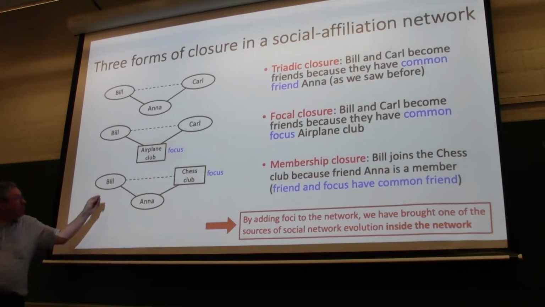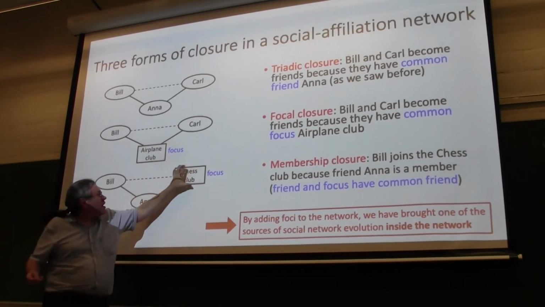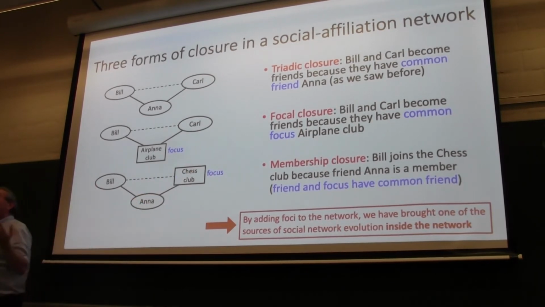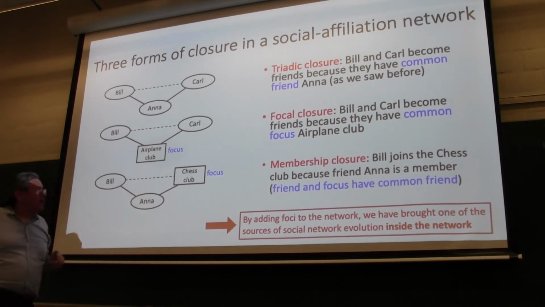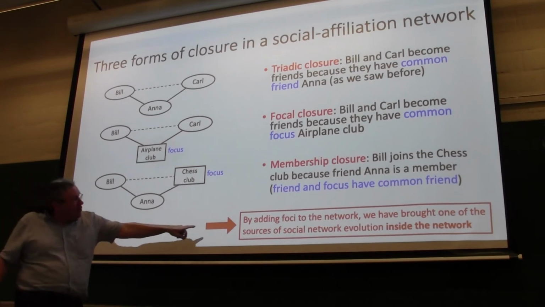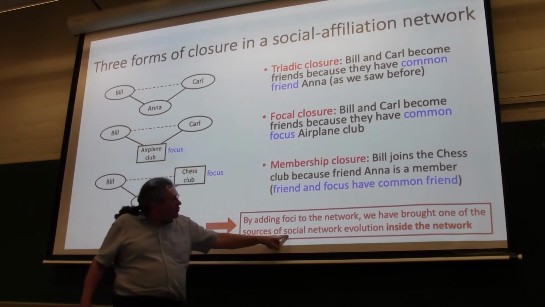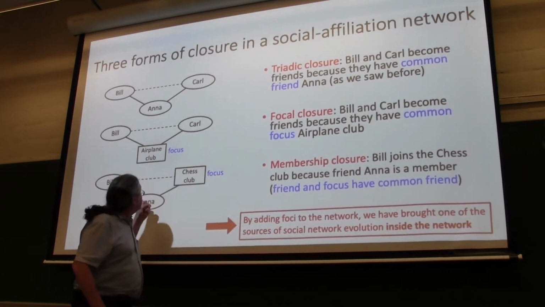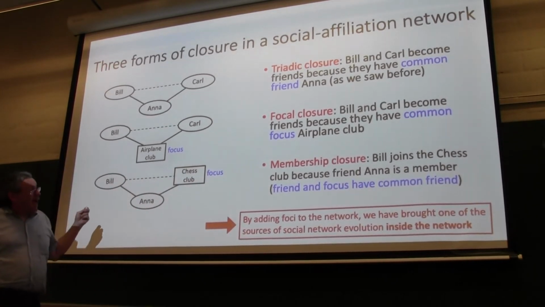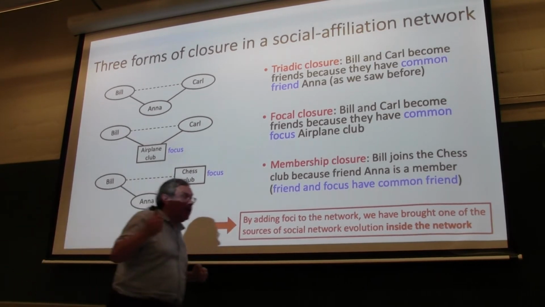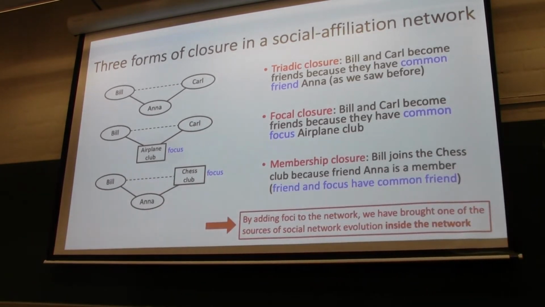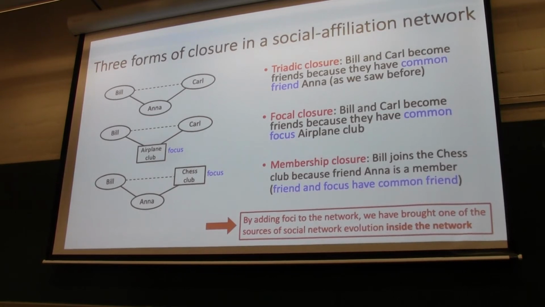If we only look at the social network without this node, nothing changes. But something does change behind the scenes. Bill has an extra activity, okay? So by adding foci to the network, we have brought one of the sources of social network evolution inside the network. And then we can reason about it, okay? A reason why people become friends.